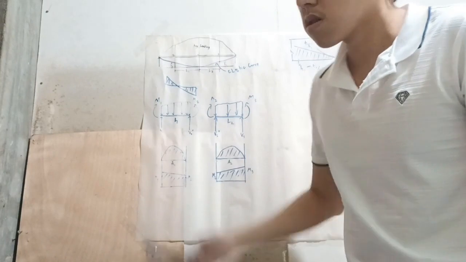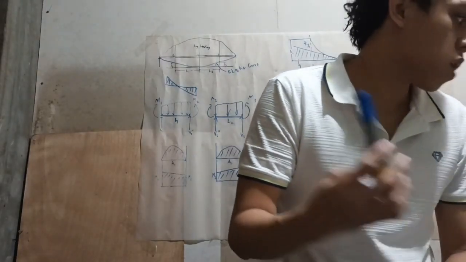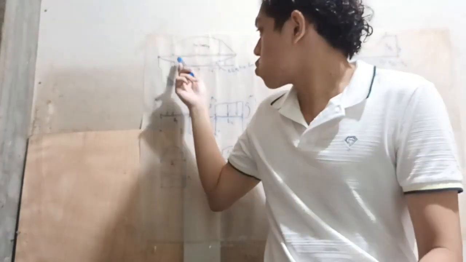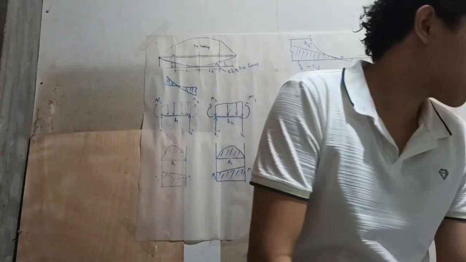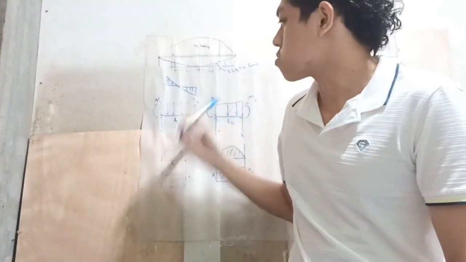So, okay, on the two adjacent spans, the span between 1, 2, and 2, 3 is considered as L1 and L2.